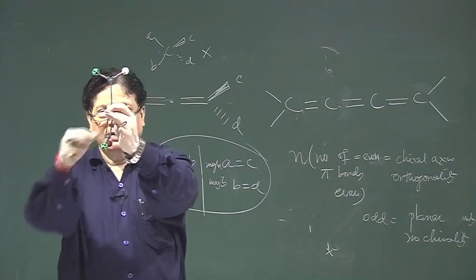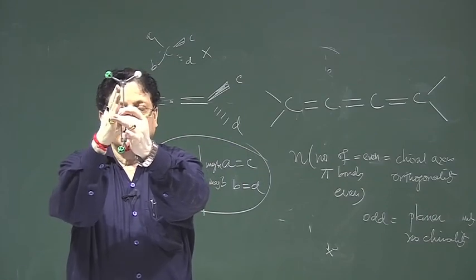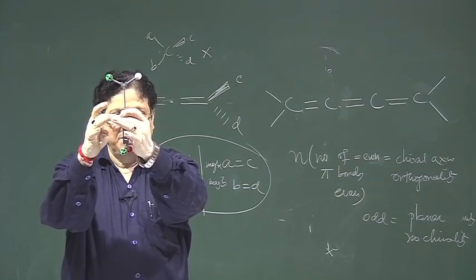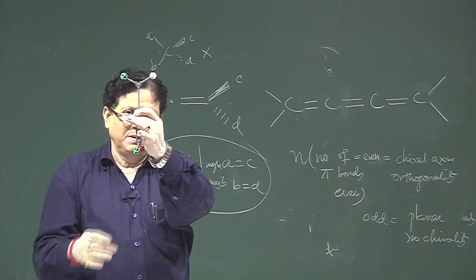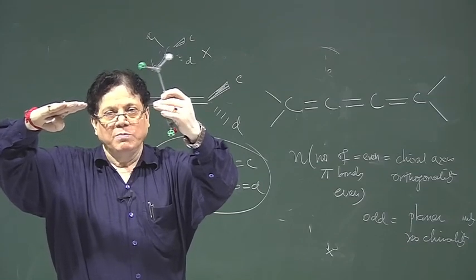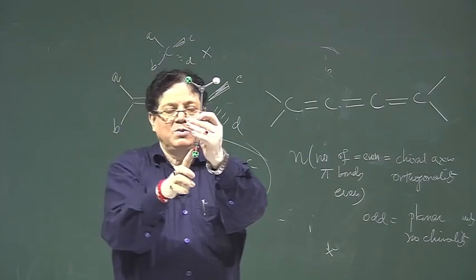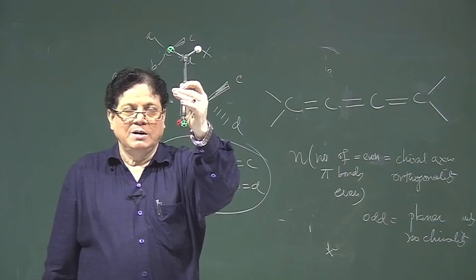The pi bonds are mutually orthogonal. These are px, and this is the sp hybridized carbon. Then it has py and pz. If it supplies the py, then the other one supplies the pz. So the two p orbitals, the pi bonds, are orthogonal to each other, and that makes the two ends orthogonal to each other. This is allene, because n equals 2.